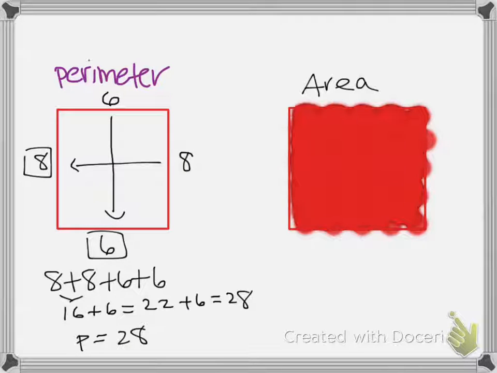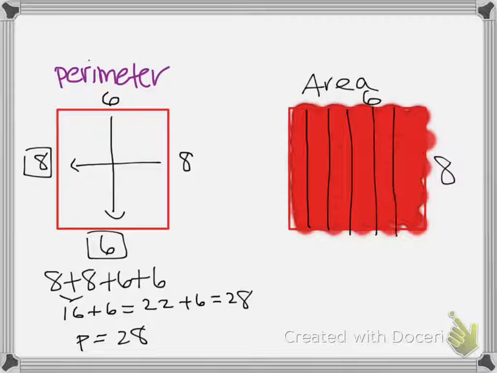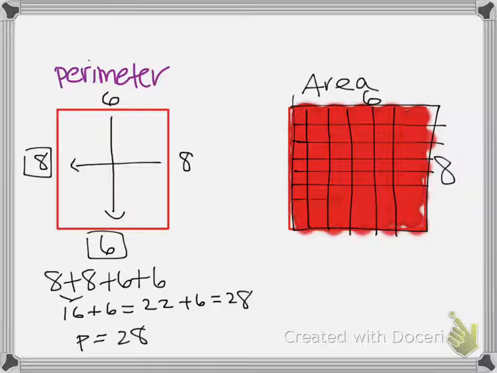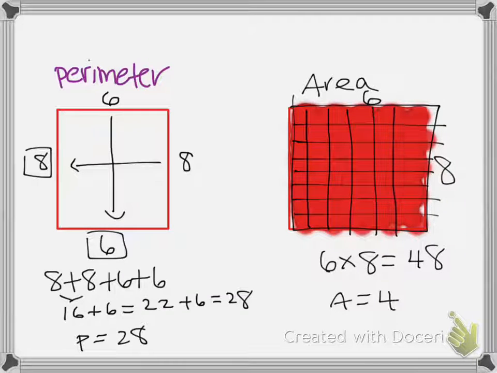If our dimensions are still the same, so this is 6 and this is 8, all we have to do is find 6 times 8, because this is going to be 6 rows. 1, 2, 3, 4, 5, and 6. And 8. 1, 2, 3, 4, 5, 6, 7, 8. So 6 times 8 is 48. And that is the area. There are 48 squares within.